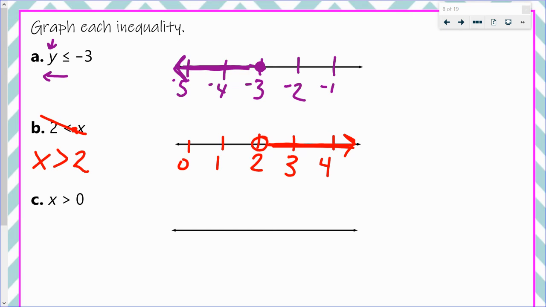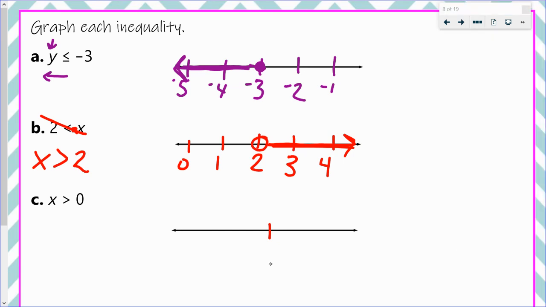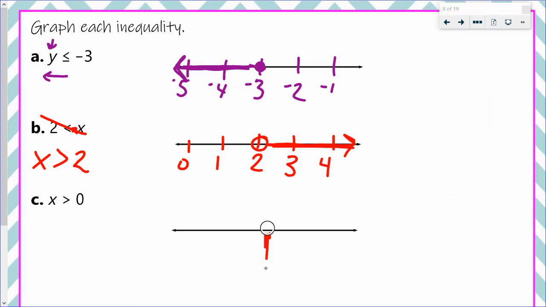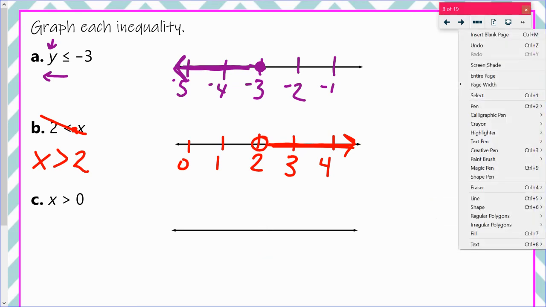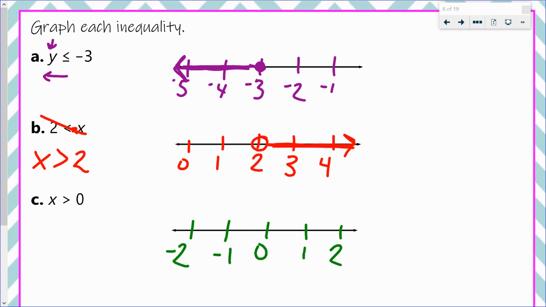Then we have x is greater than 0. Okay. I meant to erase. Okay. So I'm going to put my 5 lines, 0, 1, 2, -1, -2.